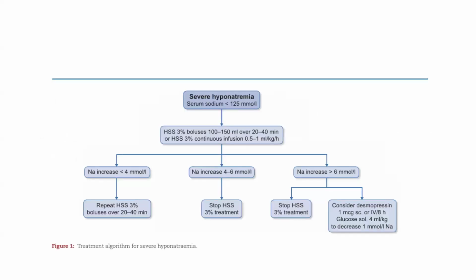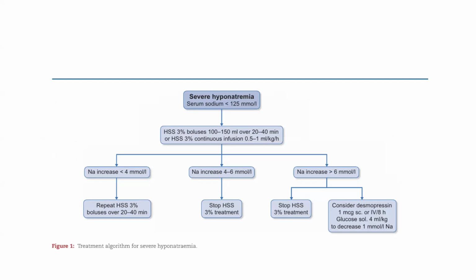So this is the treatment algorithm for severe hyponatremia. If there is severe hyponatremia and serum sodium is less than 125, then administer hypertonic saline as a bolus of 100 to 120 ml over 20 to 40 minutes, or hypertonic saline as a continuous infusion of 0.5 to 1 ml per kg per hour.